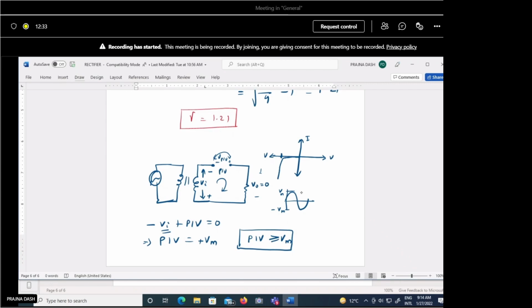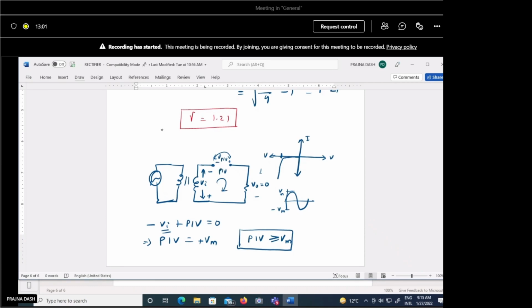In that case the diode we choose should have a PIV rating greater than 5 volts, so that it can safely be used for this circuit. That's why the maximum possible reverse voltage across the open terminal should be determined. It varies from circuit to circuit. Here only Vm is required.